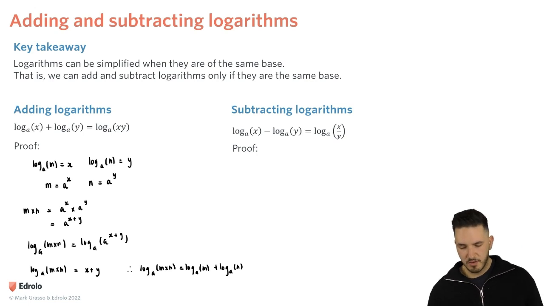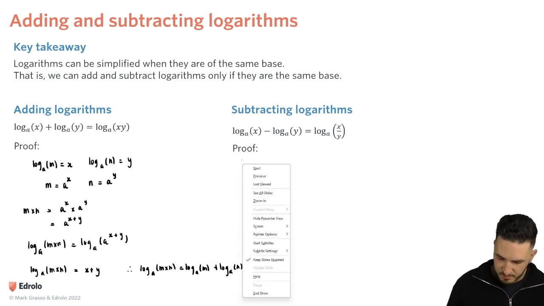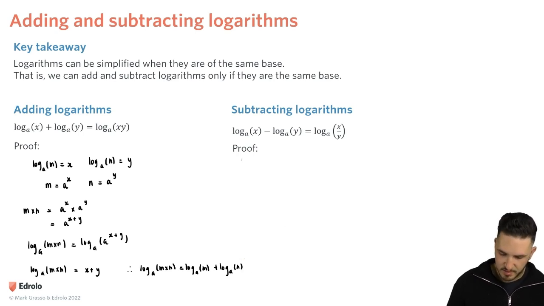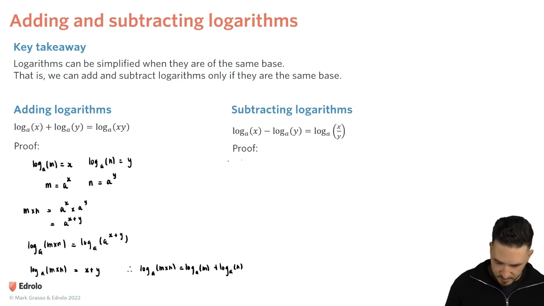Now looking at subtracting logarithms, so it's log a of x minus log a of y equals log a of x divided by y. So again, we can go about the proof very similar to what we've done previously. Using our definitions in the previous section, we can say that log a of m is equal to x and log a of n is equal to y.